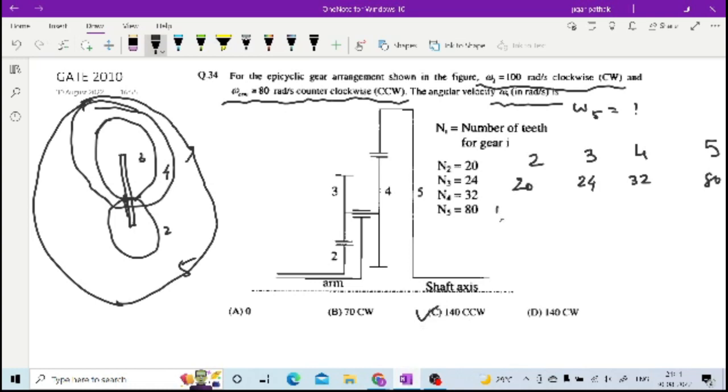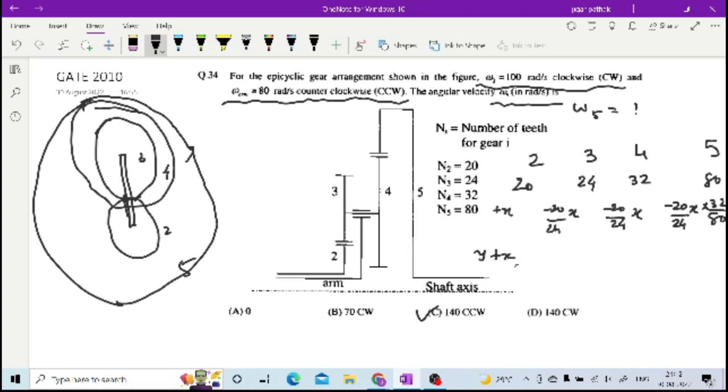So here again you can go by the same: plus x, then minus 20 by 24 into x. Gears 3 and 4 are on the same shaft, so again minus 20 by 24 into x. Then when it transmits power to 5, that sign will not change, minus 20 by 24 into x into again driver upon driven, that is 32 by 80, and then you have to add y.